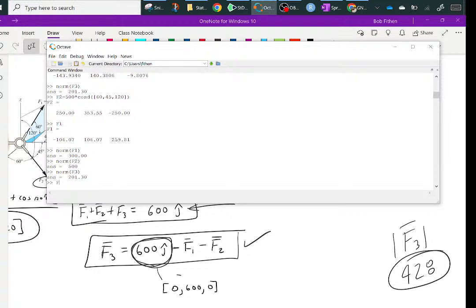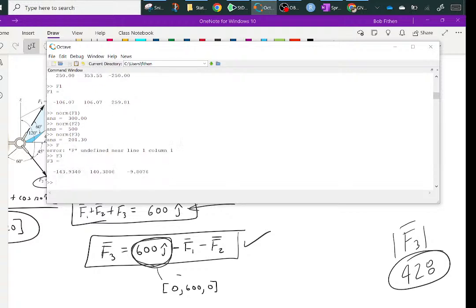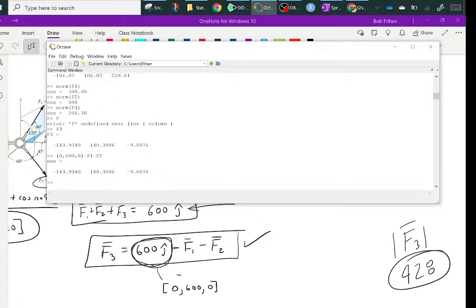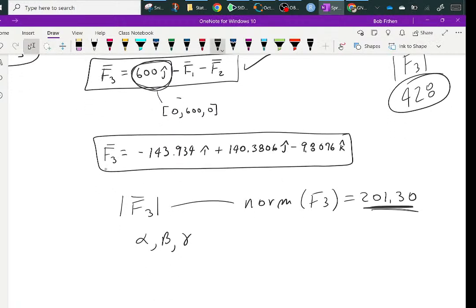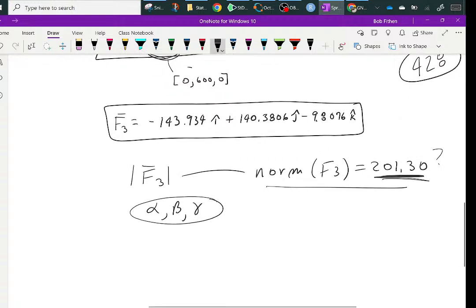So let's see what F3 is again. And I can try it again. 0, 600, and 0 minus F1 minus F2. That's what I get. So I'll accept that for a moment, and we'll question this in a moment.